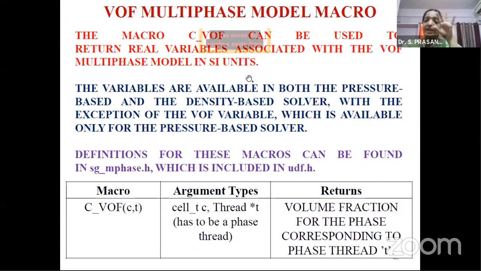Now, when I say finite volume method, it means that we can clearly visualize the volume of flow. For example, in my case, it is water and air. My interest is to see how water is moving from the inlet point to the outlet point, what its height is, and so on.